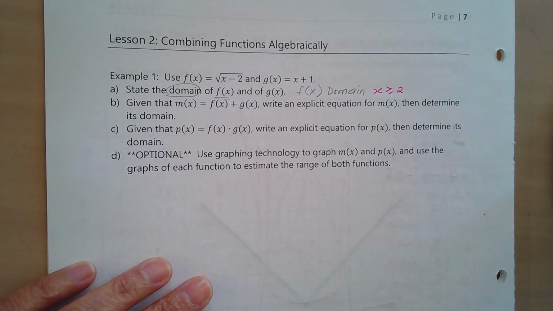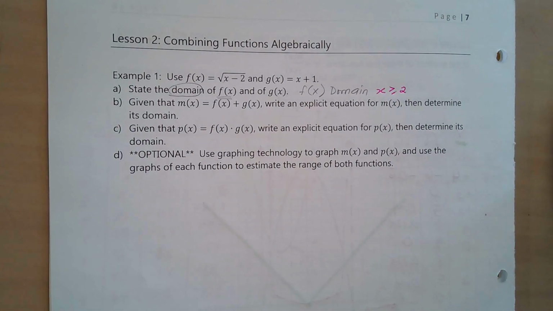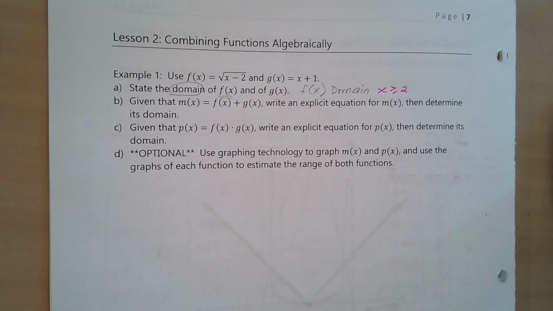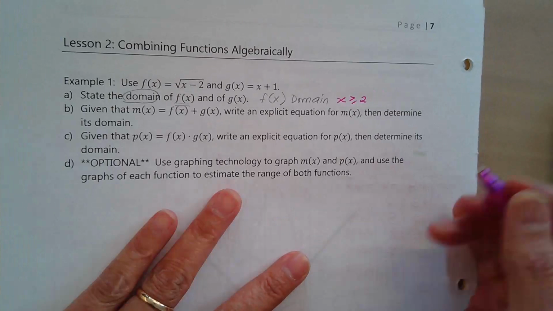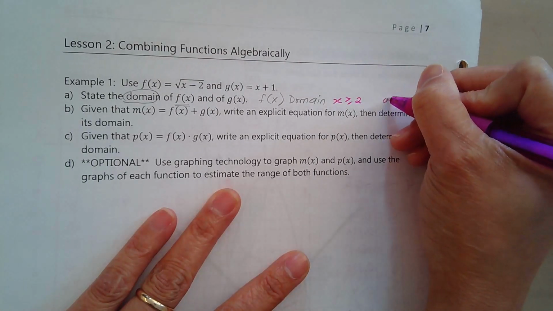Any number greater than or equal to 2. It can't be less than 2, because we're going to end up with a negative value, which we can't take the square root of a negative number. So it has to be 2 and over, right? What about the g of x?